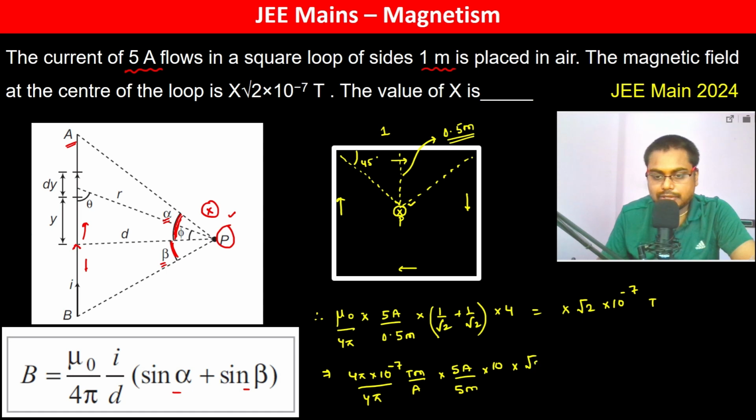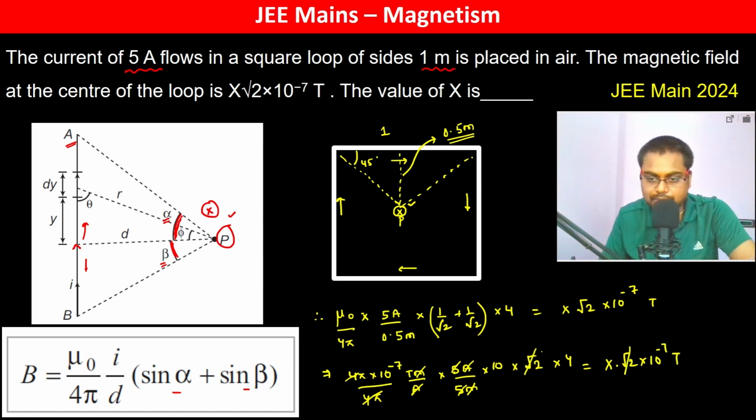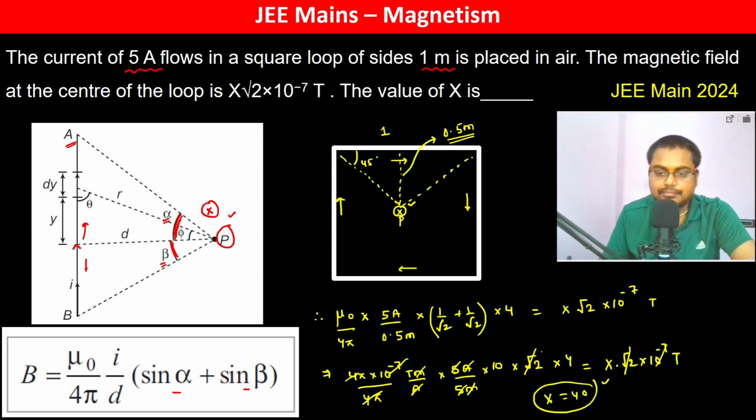So 2 by root 2 is actually 2 on root 2 into 4. Meter is gone, ampere is gone, 5 is gone, 4 pi is gone. This is equal to x root 2 into 10 to the power minus 7 Tesla. Root 2 and root 2 is also gone, and 10 to the power minus 7 and 10 to the power minus 7 is also gone. So x becomes 40. So the value of x is 40.